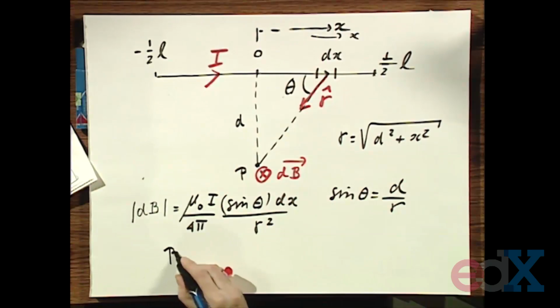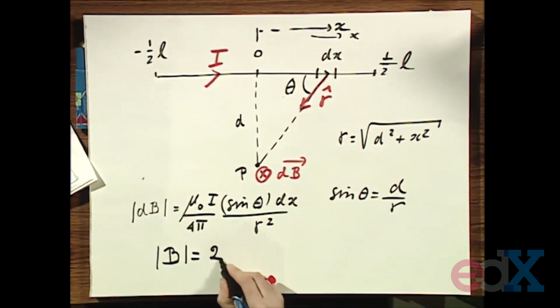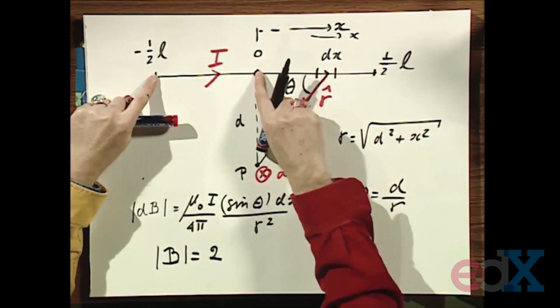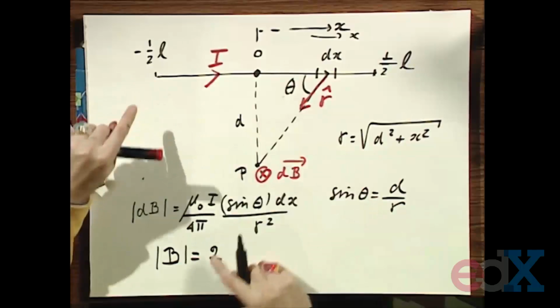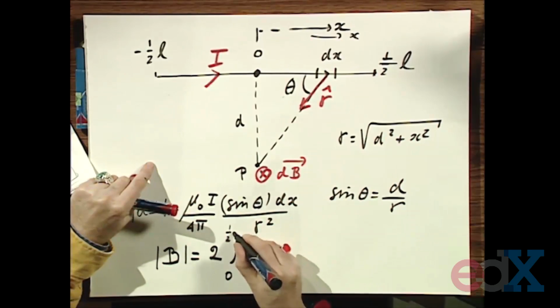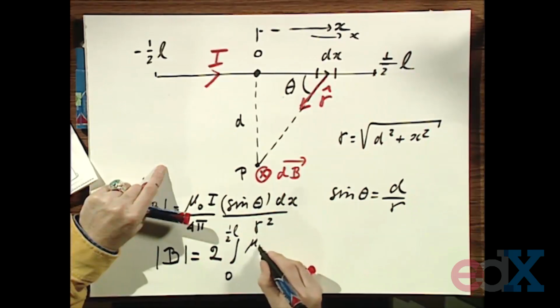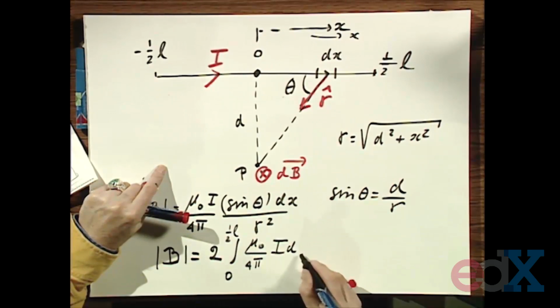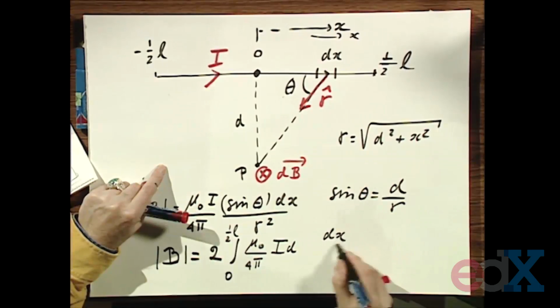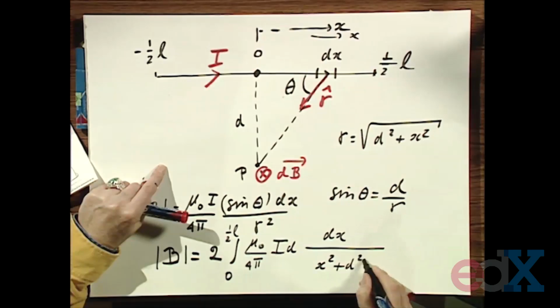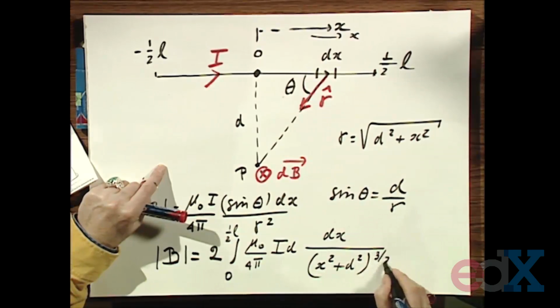And so that means that I will find that B equals twice, because I'm going to integrate only from here to there, but I must take this part into account, so I double it, because it's completely symmetric, so I can put a 2 here, integral from 0 to 1/2 L, mu0 divided by 4 pi times I times d, and now I get here dx divided by x squared plus d squared to the power 3/2.